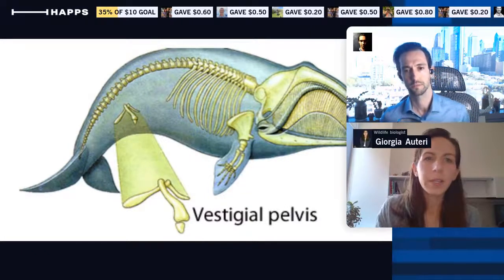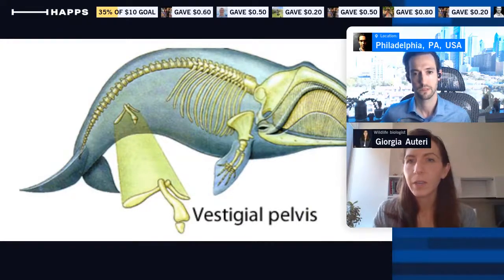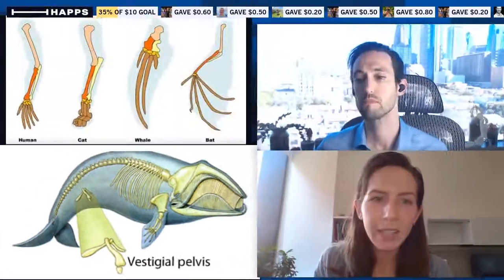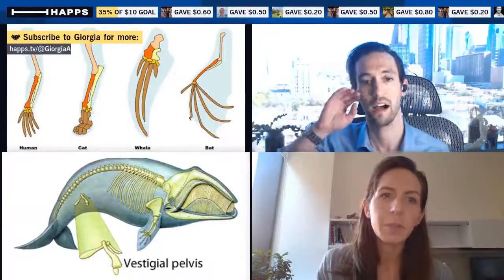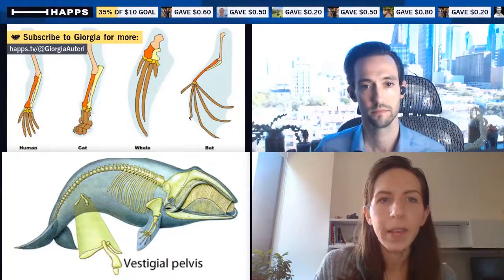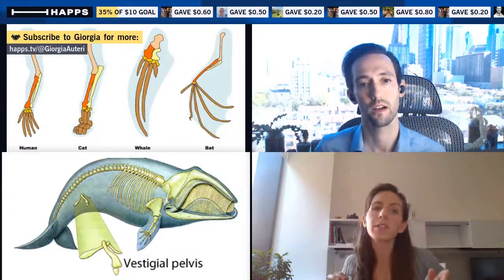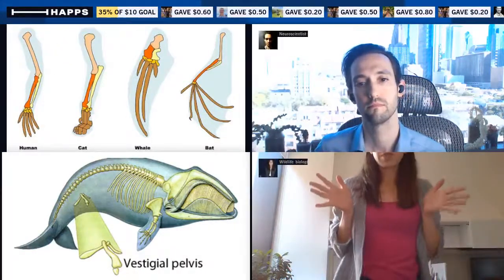Do you know? So let me bring up the picture again of all the appendages lined up. It was not an accident that I picked this first picture. If you look at the third from the left, that's the zoomed in version of the whale fin. And so these are the front flippers of the whales, right?